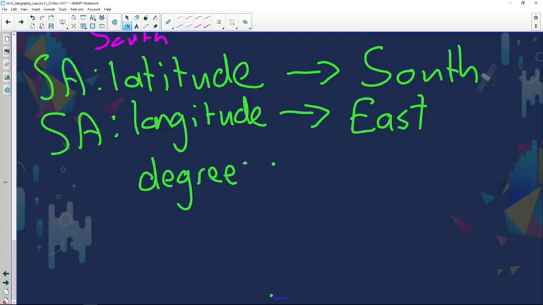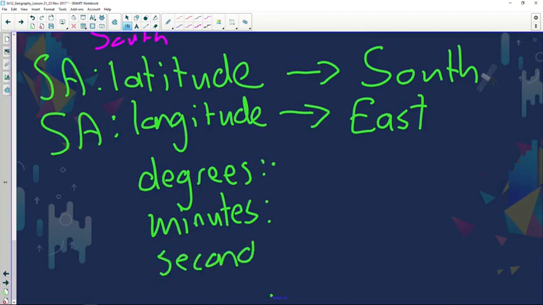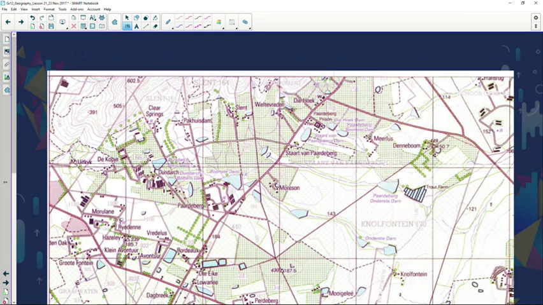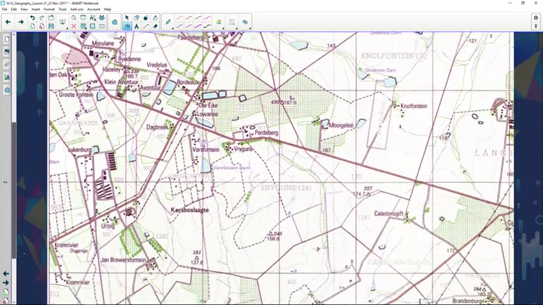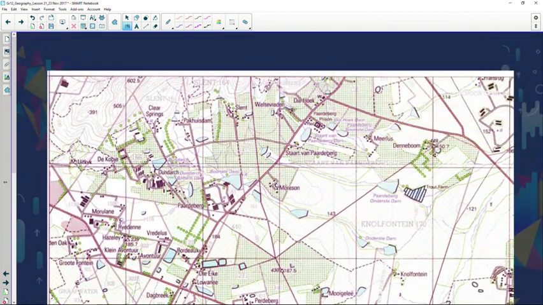Before I continue, let's quickly elaborate on how coordinates work. We work in degrees, minutes, and seconds, and there's a symbol that we use for each. Now let's have a look at how we do coordinates. This is an extract from a map of Paul. I'm going to fill in the latitude and longitude. Latitude is the horizontal lines.